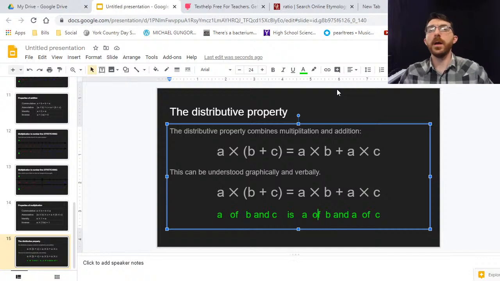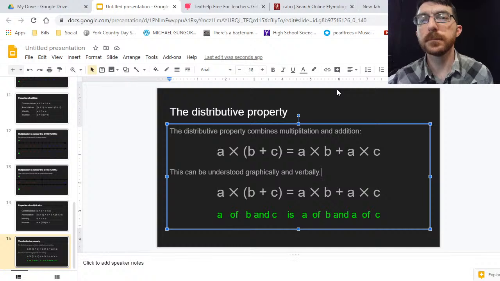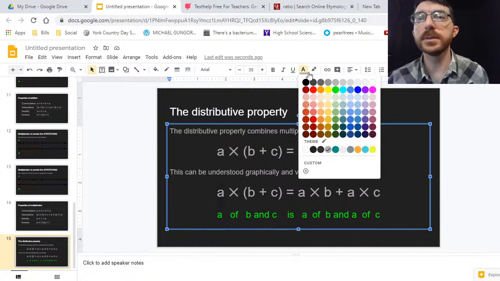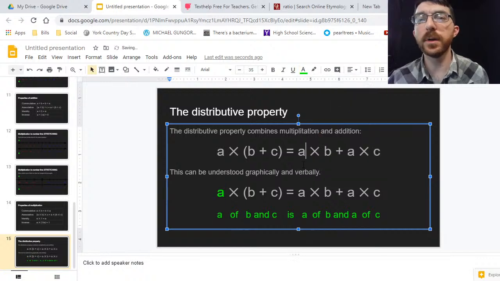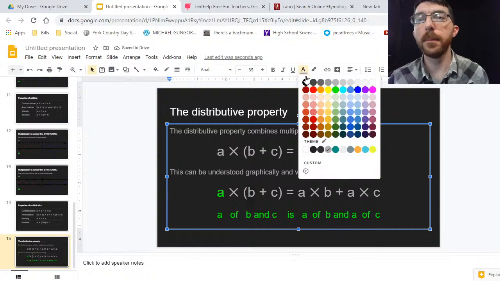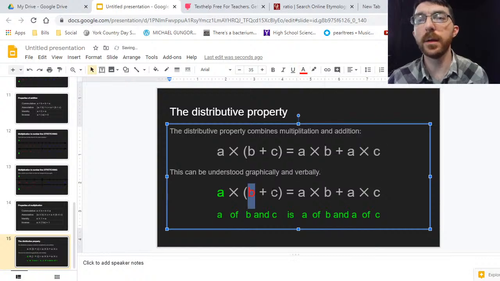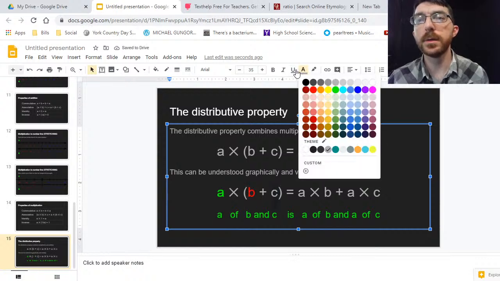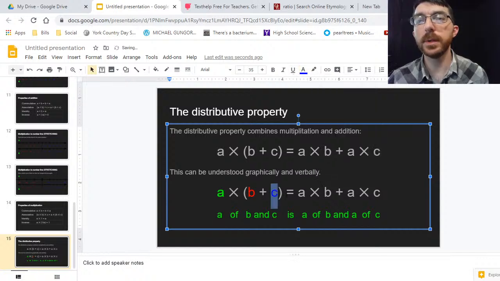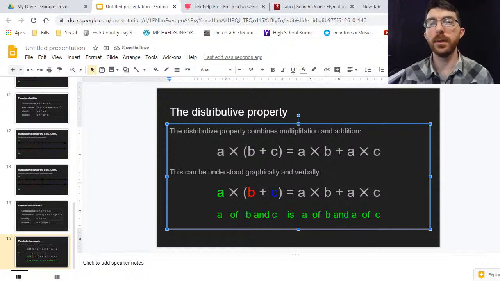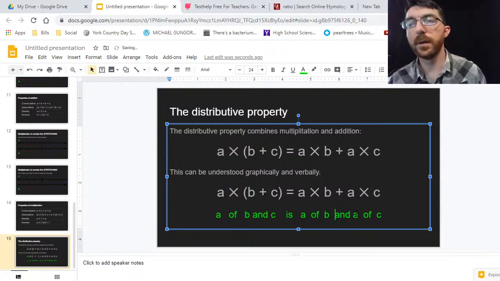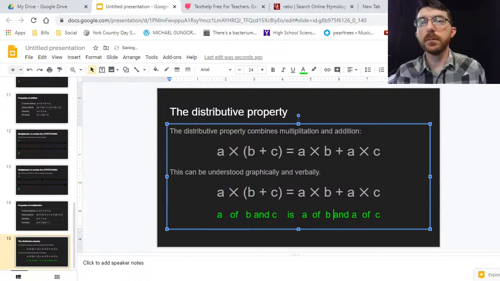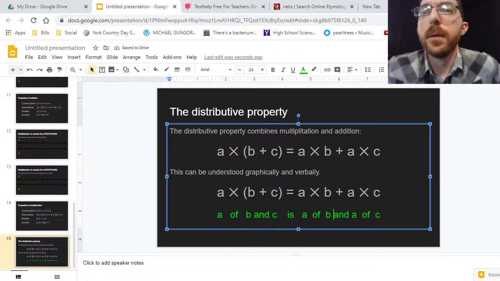You know what? I've color coded this wrong. I need to color code things so they match vertically. B can be red. C can be blue. Go with that.